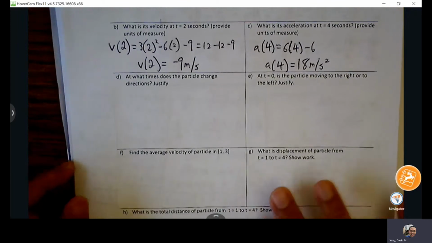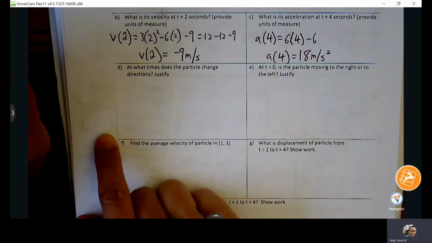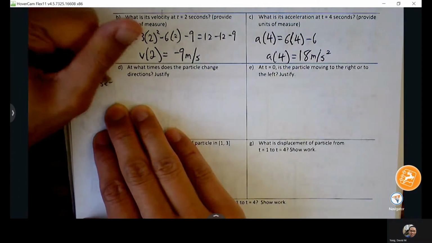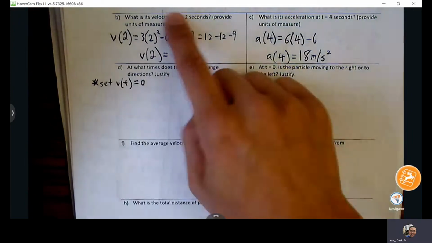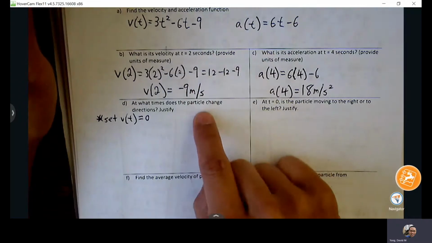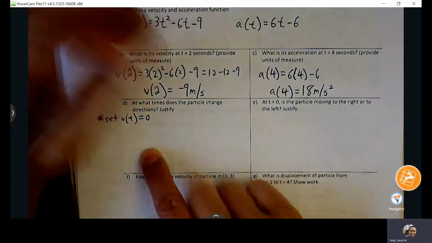It's kind of misleading for D that it looks like just a one-step process. Okay, so there's my velocity function. Let's figure out where it's stopping before we can even decide whether it can change direction or not.